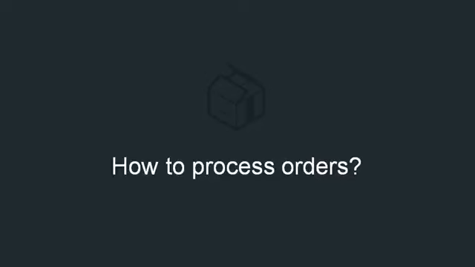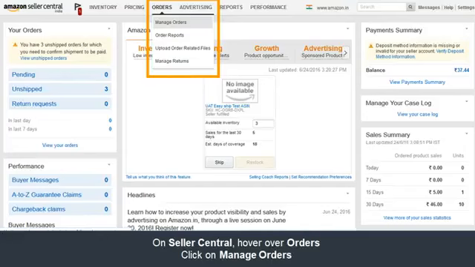Next is how to process orders. Once you receive an order, you would get a notification via email, or if you have updated your cell phone number, then you will receive a text. And also if you have downloaded the Amazon Seller Central app, you will get a notification on your phone as well.